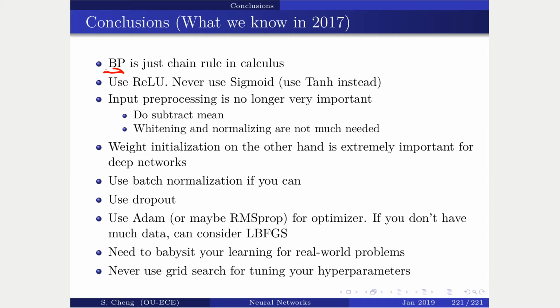You have gradient feedback from the end of the network, and the feedback gradient is multiplied with the local gradient, and then fed back again. Therefore we call it backpropagation.